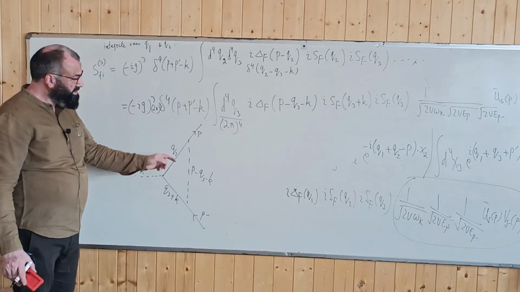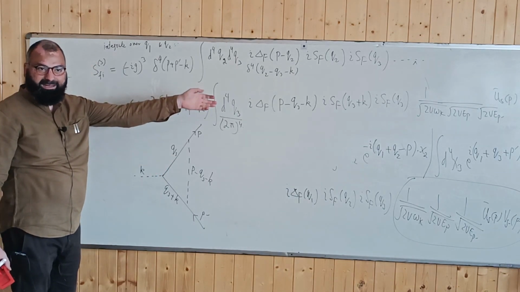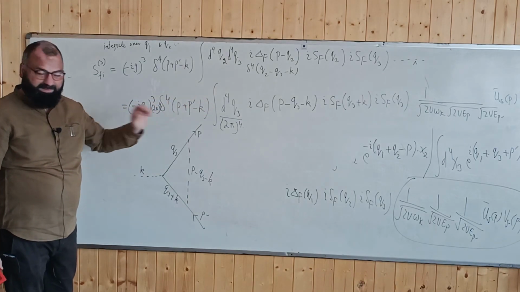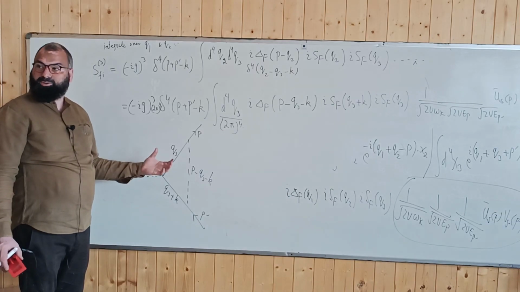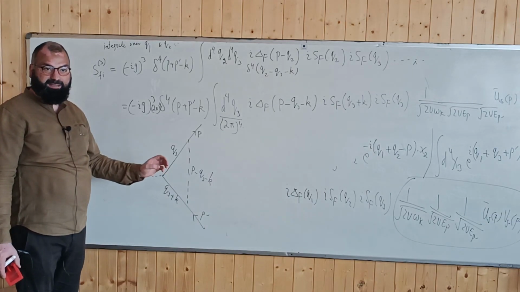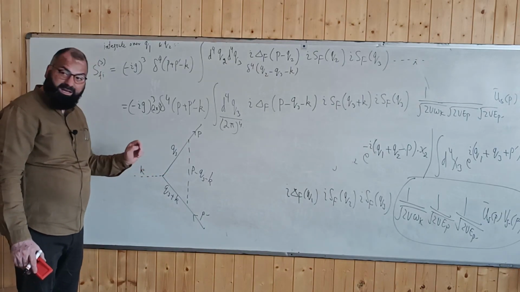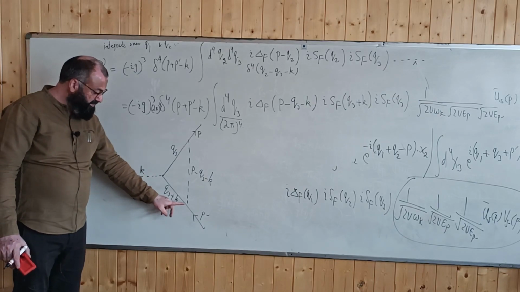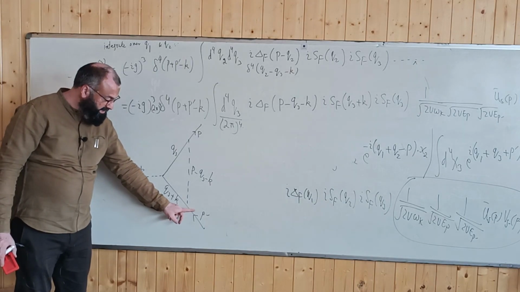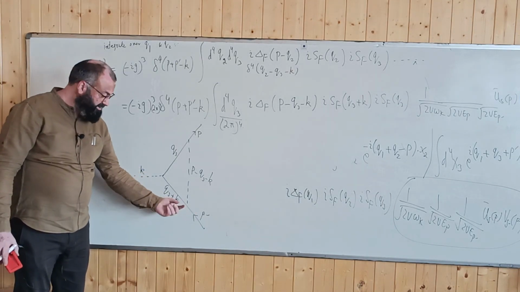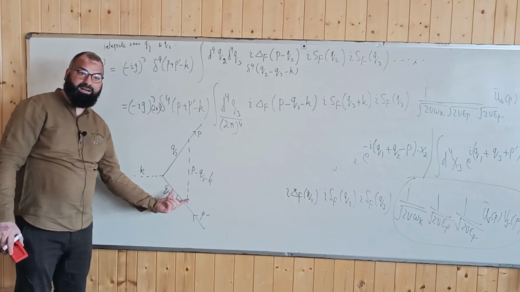So you can say Q3 as Q, because it's a dummy variable. Okay? So what it means? It means, when you are having a loop, you have to assign momentum by yourself on one of the arms of a loop. Then at each vertex, make sure conservation holds. Okay, so what is the momentum here? P prime. So that means you are distributing the momentum on these two lines.